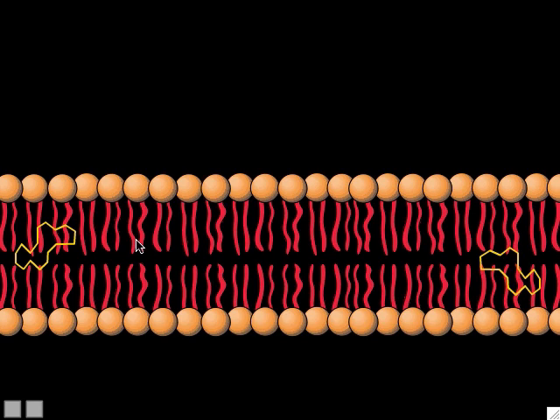And the like mixes with like principle tells us hydrophilic things don't want to mix with hydrophobic things. And for that sodium ion to pass through the membrane, it would have to mix with the hydrophobic interior of the membrane, and hydrophilic things don't want to mix with hydrophobic things. And so really the like mixes with like principle is the basis of how the membrane acts like a barrier to most solutes.